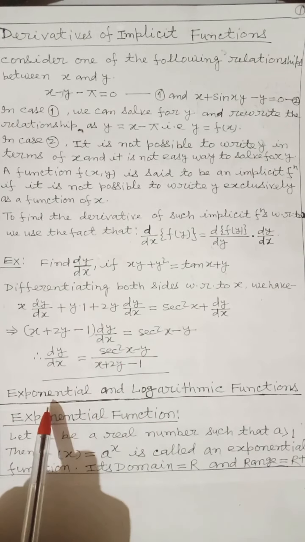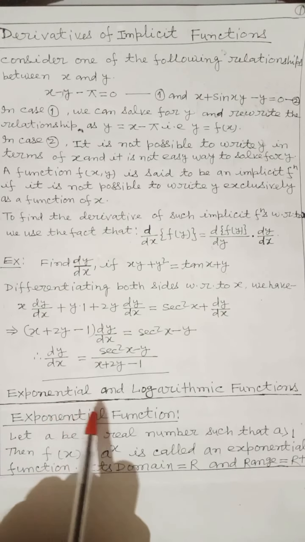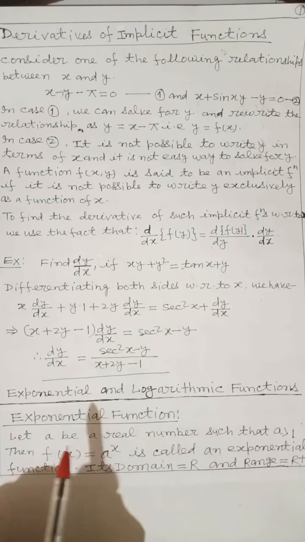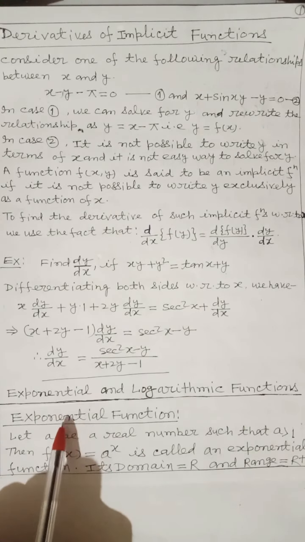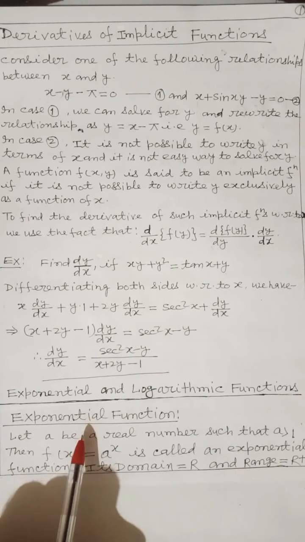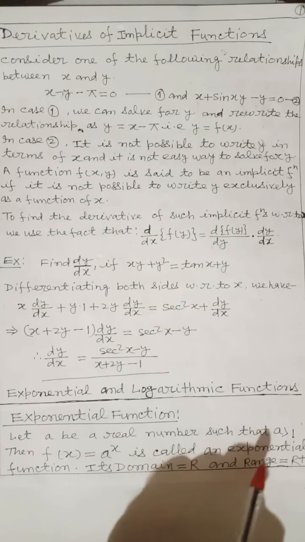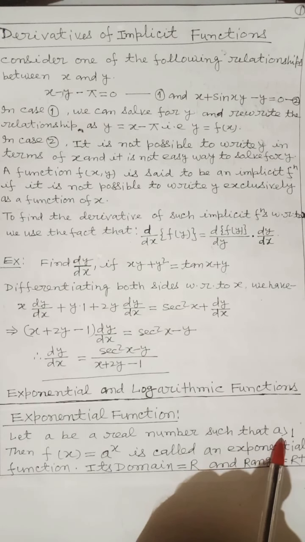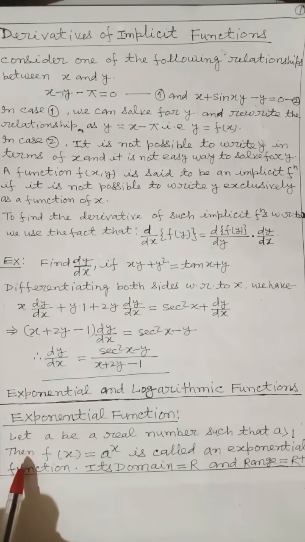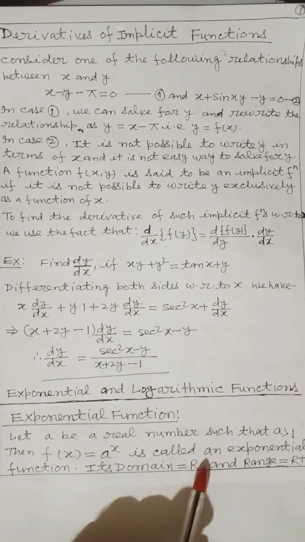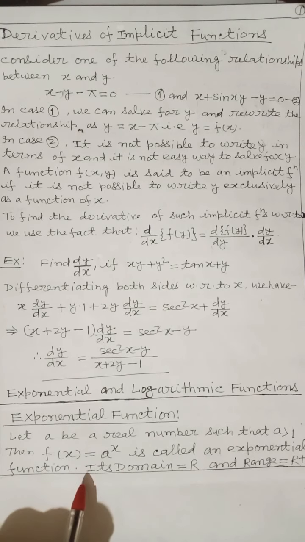Now we will discuss exponential and logarithmic functions. First we define the exponential function. Let a be a real number such that a is greater than 1. Then f(x) is equal to a to power x is called an exponential function.